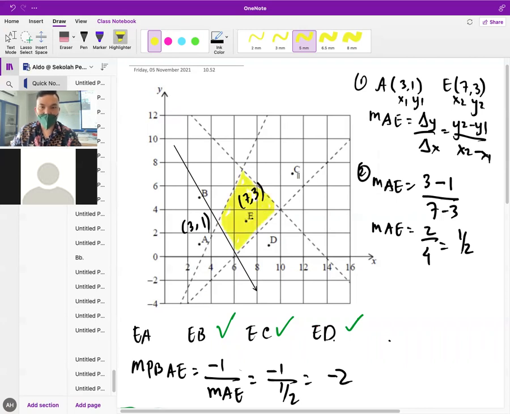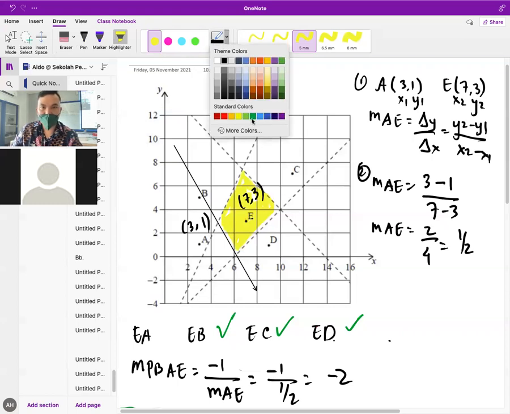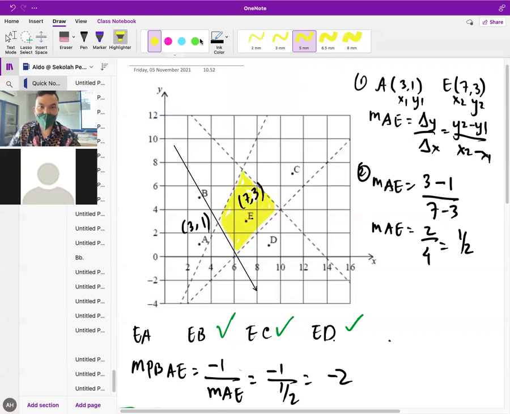Okay, this is E. How about C? Assume C is using the green. Now, how do we know C? C compared to D, it's actually this area. Compared to E, this is the area.